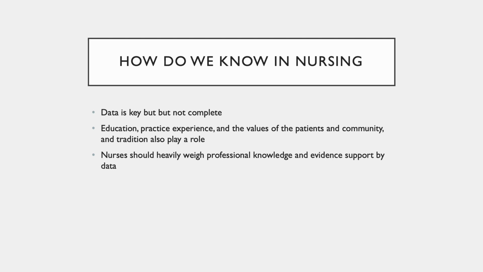It's very common for the new nurse to feel more confident than the more experienced nurse that's been around for a while. We also need to recognize that not all data is of equal quality. Some of it is pretty bad.